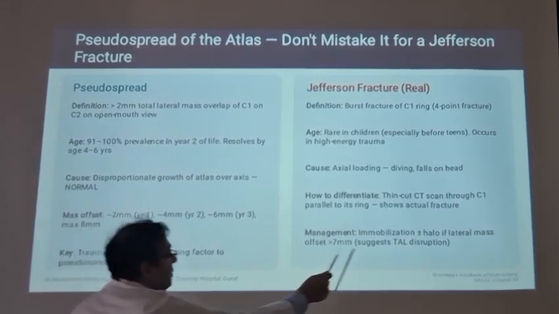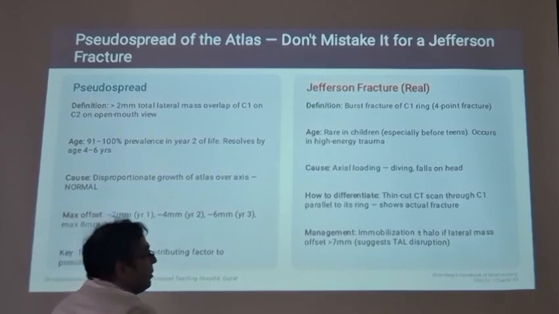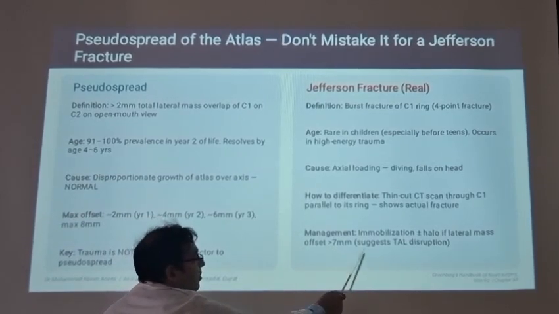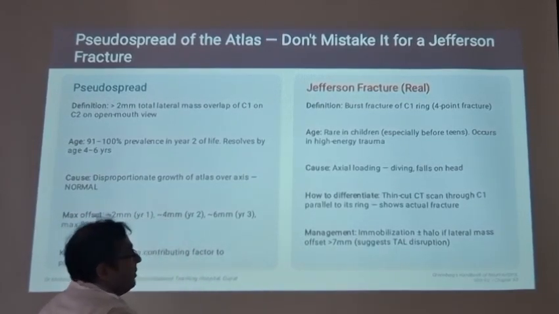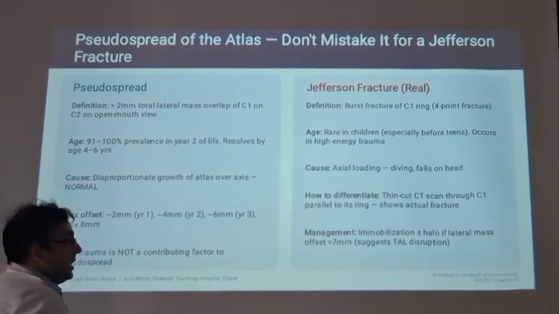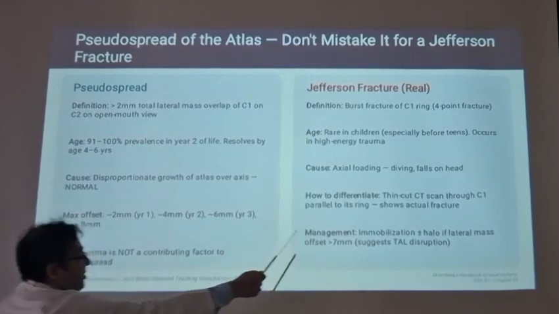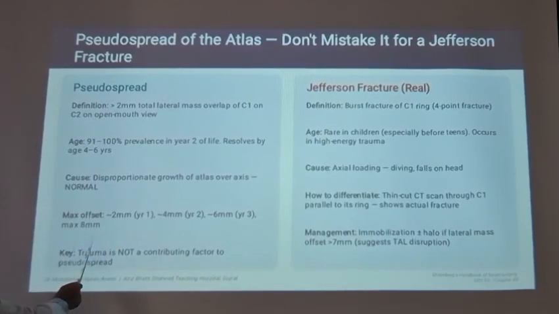Thin cut CT scans through the C1 ring show the actual fracture. Management in this scenario is immobilization plus spinal traction. Lateral mass offset greater than 7 mm suggests ligament disruption. These are different. Greater than 7 mm is a real fracture, but it can go up to 8 mm in pediatrics. So this is a pseudospread of the atlas.